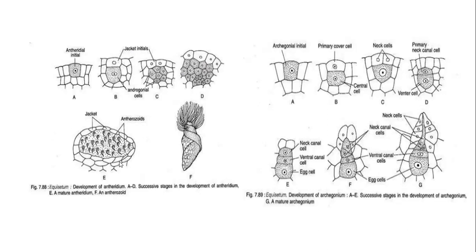Now, each androgonial cell of this tissue will transform into an androcyte mother cell, and each androcyte mother cell will divide and develop into the male gametes, which we call the antherozoids. So these are the antherozoids.